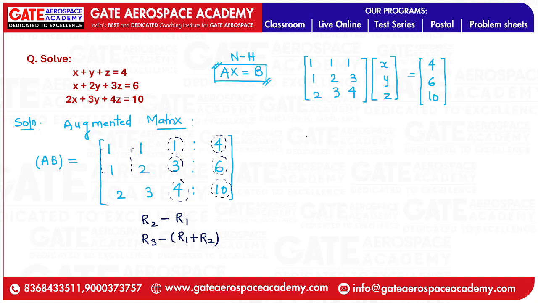We are not changing row 1, so we write the same for row 1: 1, 1, 1, and 4. Now R2 minus R1: 1 minus 1, how much, my dear? 0. 2 minus 1, 1. 3 minus 1, 2. Here 6 minus 4, 2.